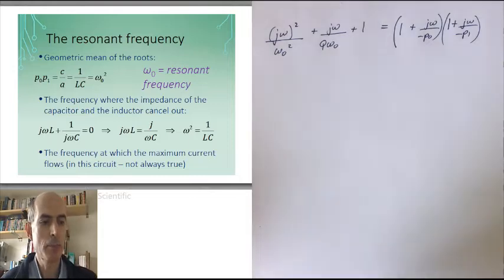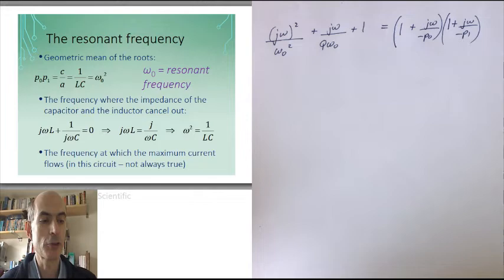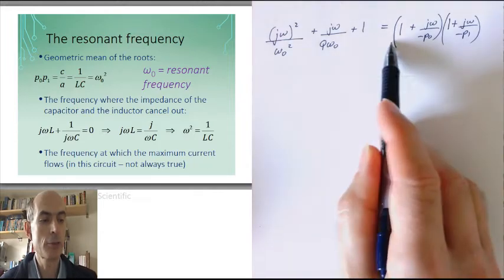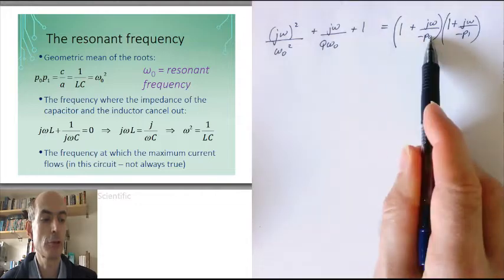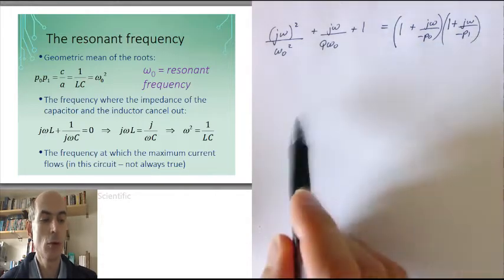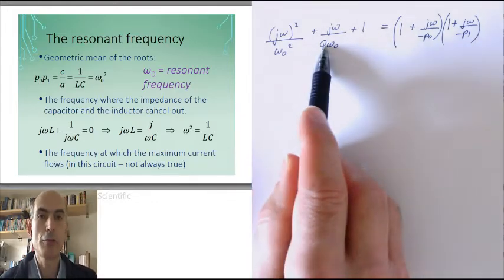Well, as we've seen, we can express the denominator of the frequency response of a second order system either in the standard form that we've seen before, in terms of the product of two factorized terms, or in this new form, in terms of the resonant frequency and the Q factor.